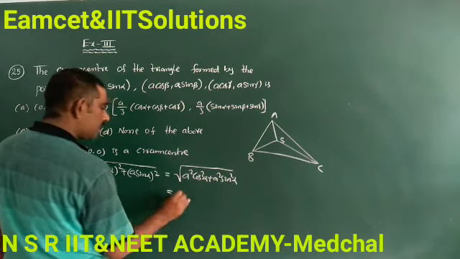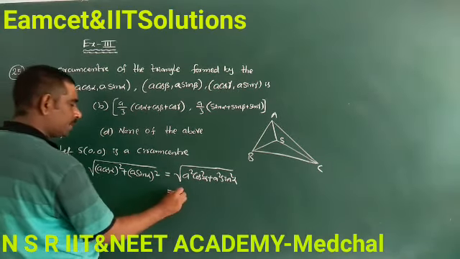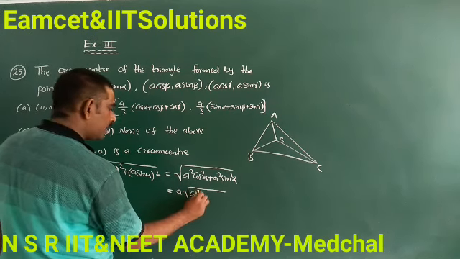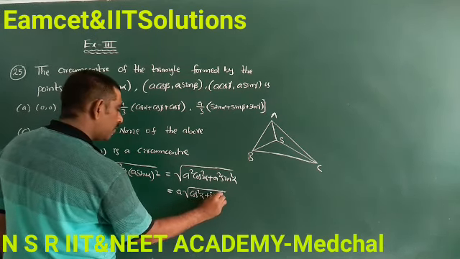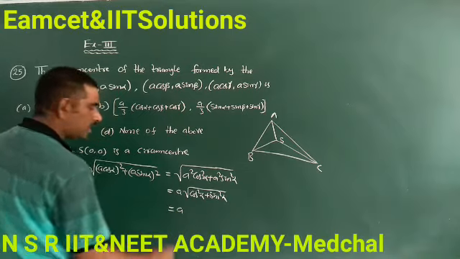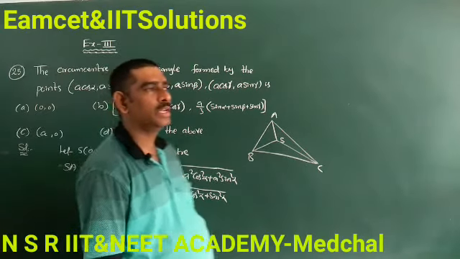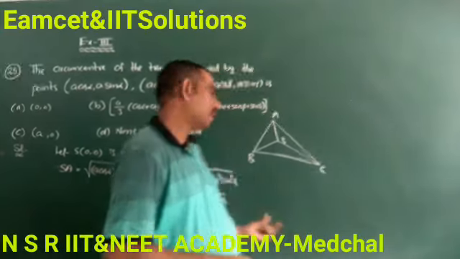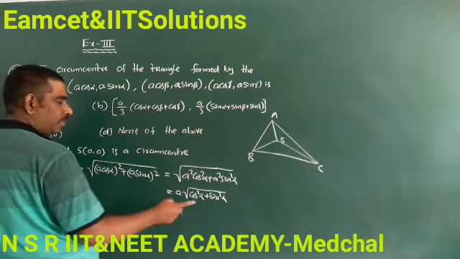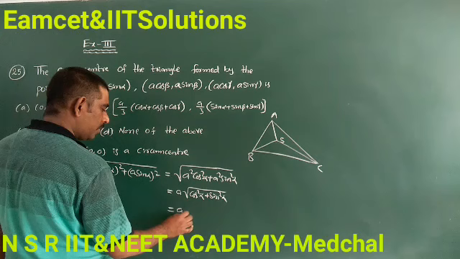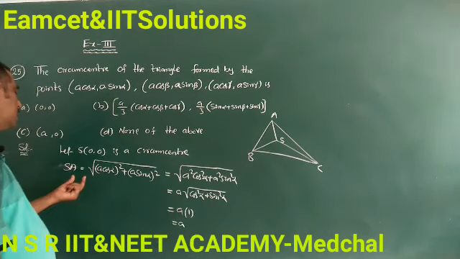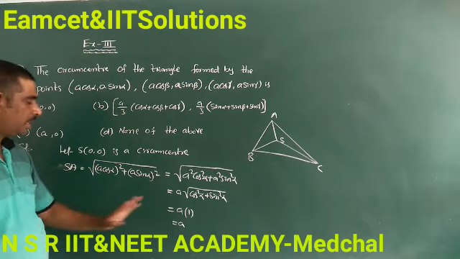So take a square as common, square root of a square becomes a into square root of cos square alpha plus sin square alpha. Already we know the formula, sin square theta plus cos square theta equal to 1. Then cos square alpha plus sin square alpha value is 1, square root of 1 is 1. So a into 1 equal to a. So the distance from S to the first point we get a.